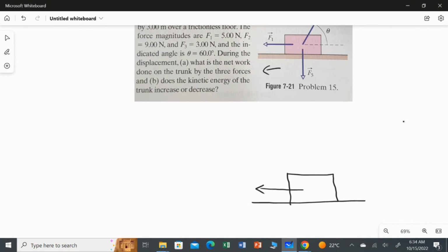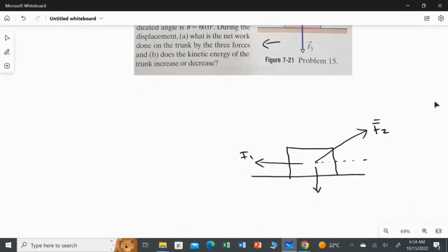The first force is in the leftward direction, and then, with respect to the horizontal, another force is in this direction, which is F2, and the first one is F1. The third force is exactly perpendicularly downward. So this is your F3, and F2 has the angle theta.